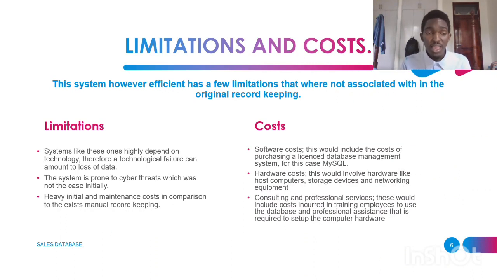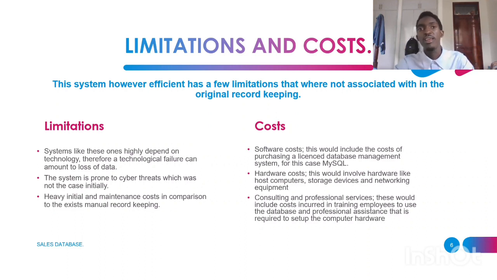All right, so the limitations and costs. Obviously, with such a good system, there are a few things that are going to limit it. The system may not be 100% efficient because it depends highly on technology.